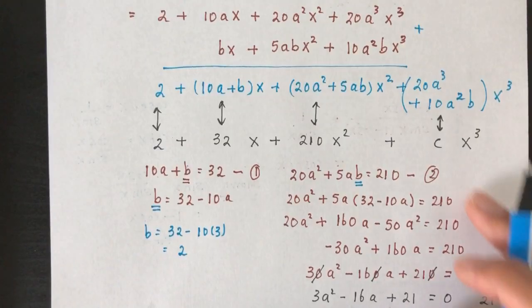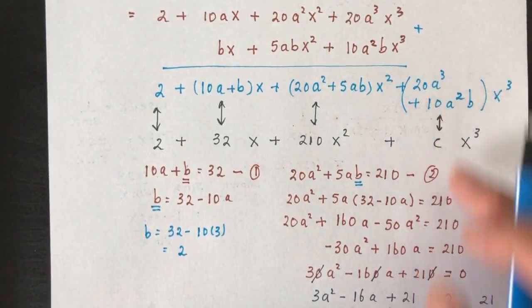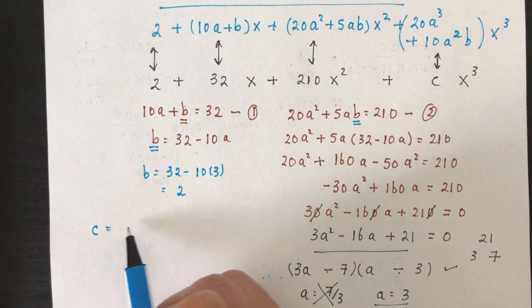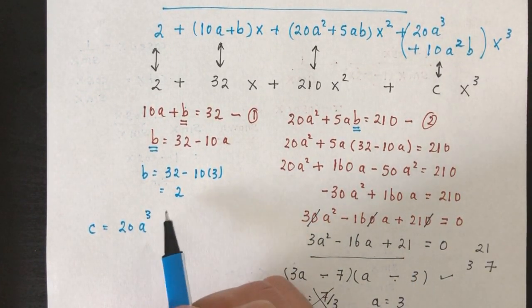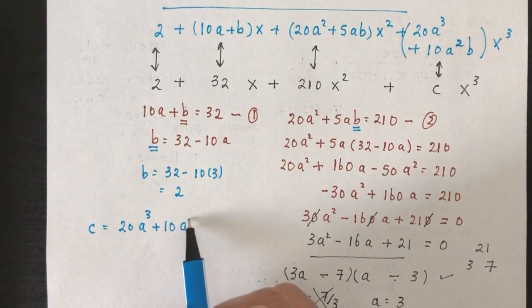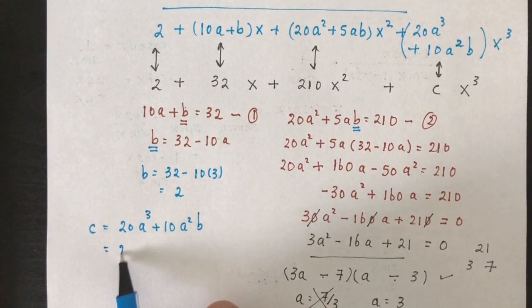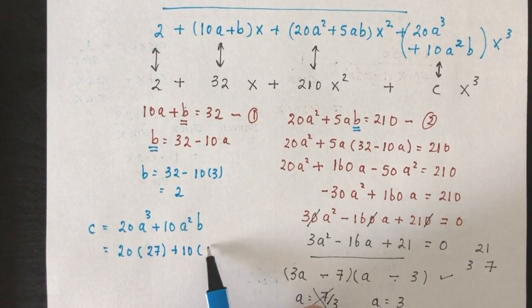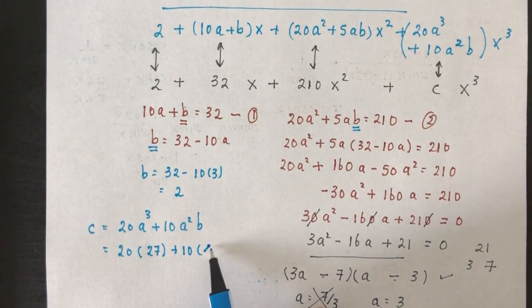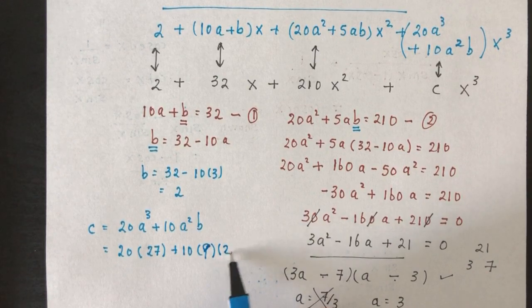Now we have to find the value of c from this equation. So c is equal to 20a³ plus 10a²b. 20 times a³ will be 27 plus 10. a² is, a is equal to 3, that is 9, times b is 2.